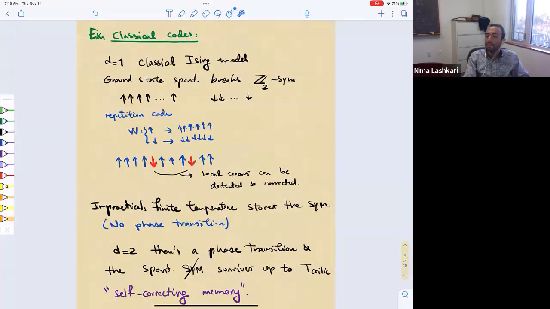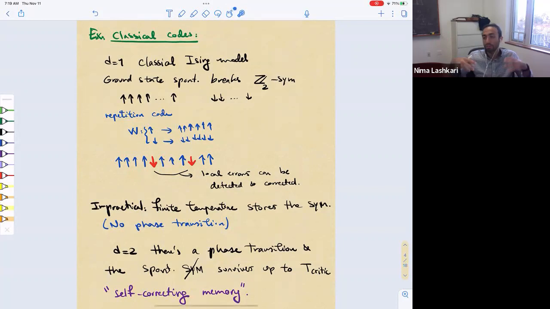And why is this an error correction code? The reason is that if you perturb with a local error, you could easily catch that. You could detect this and it could be corrected. Notice that the correction has to be done. It's not like the system is completely immune to errors. You need to actively correct.